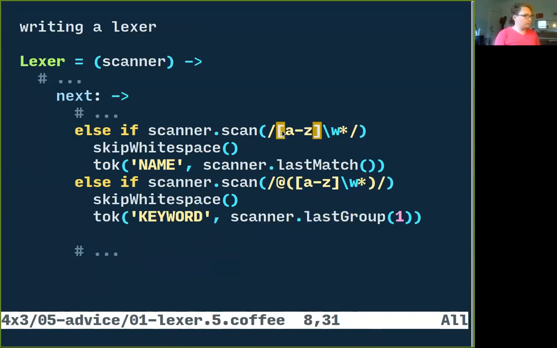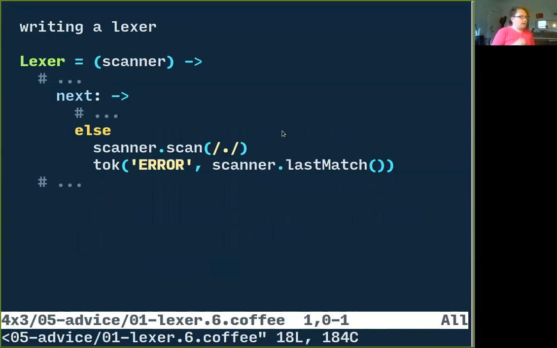So that's pretty straightforward. And at the very end, what I like to do is just say, okay, I don't know what we're looking at, so I'm just going to move the string forward one character and yield an error token. And that error token is going to be handled later. This way you get the maximum number of errors. You don't just find the first error and stop.